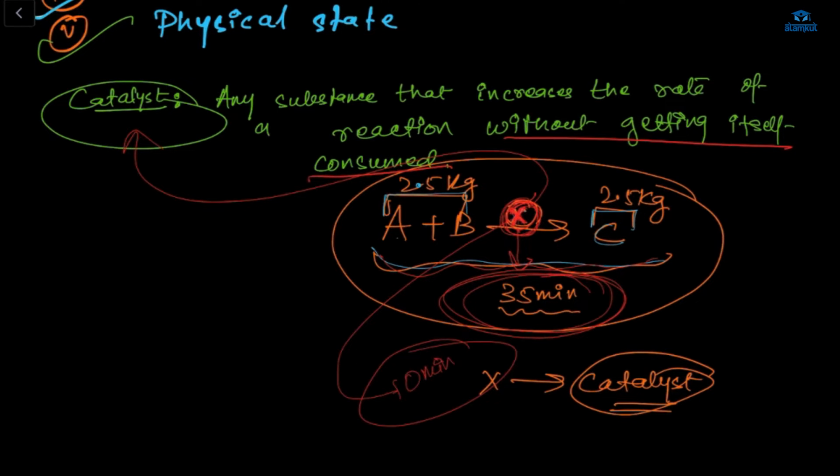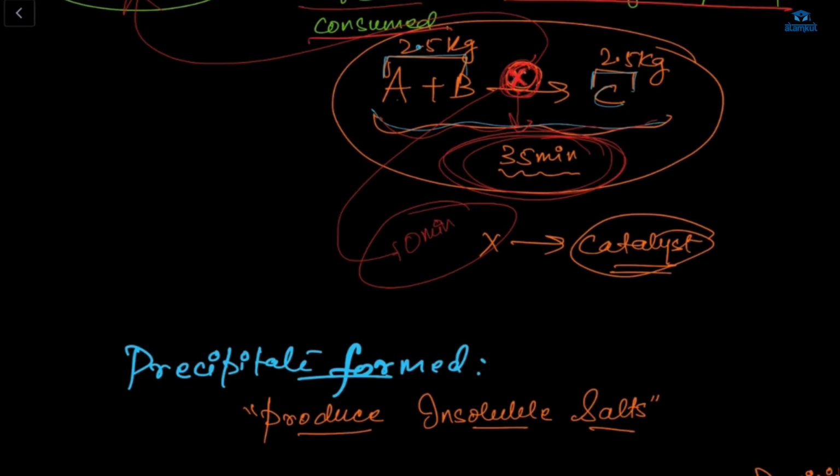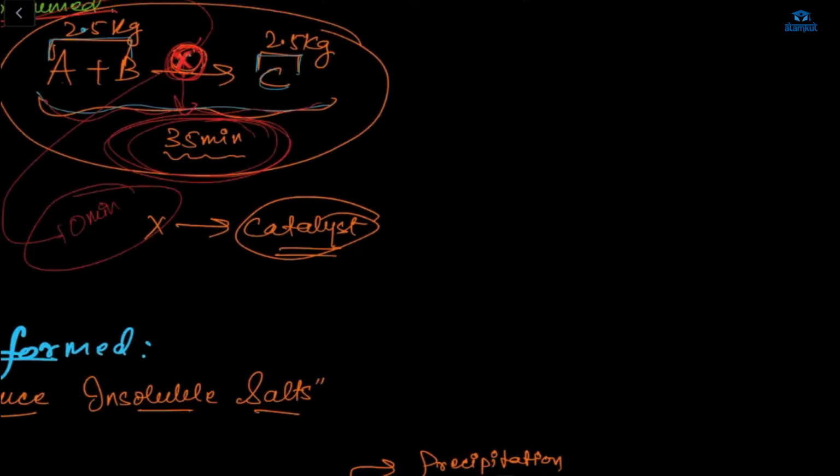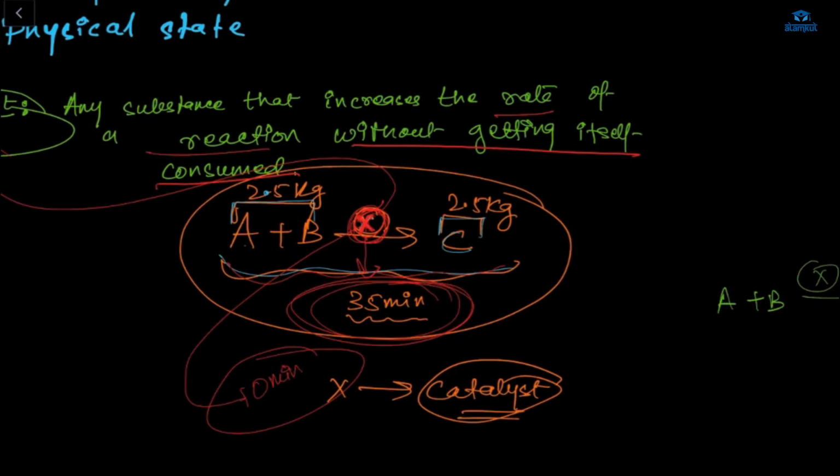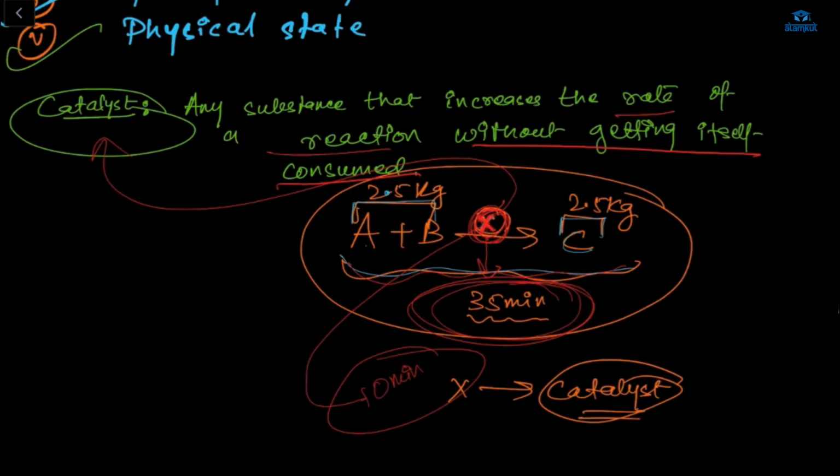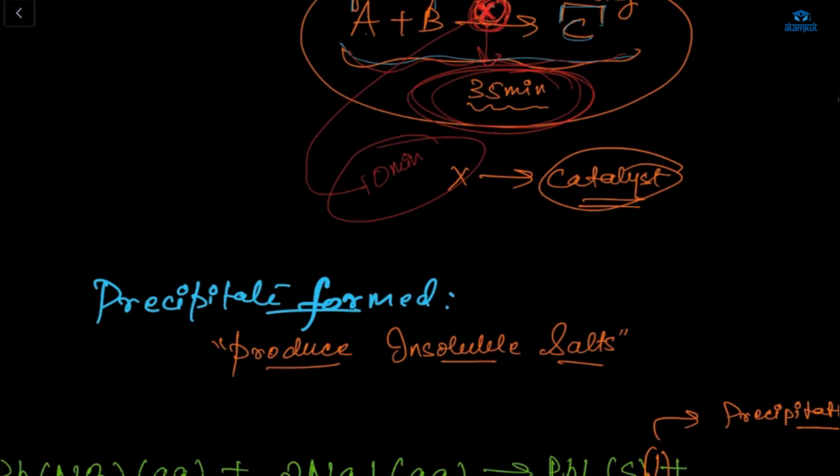Without getting itself consumed, the catalyst increases the rate of reaction. Got it, everybody? See, if A plus B gives C and X is a catalyst, anything that increases my rate of reaction without getting itself consumed is my catalyst.